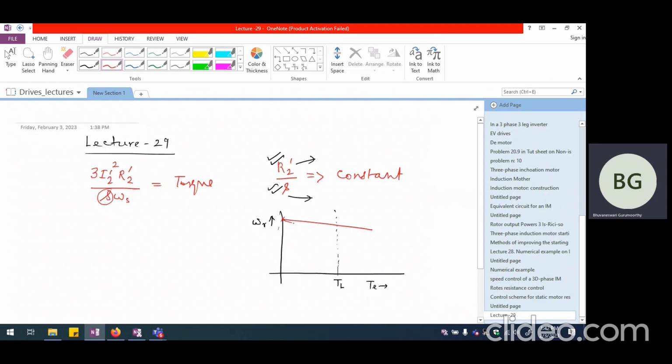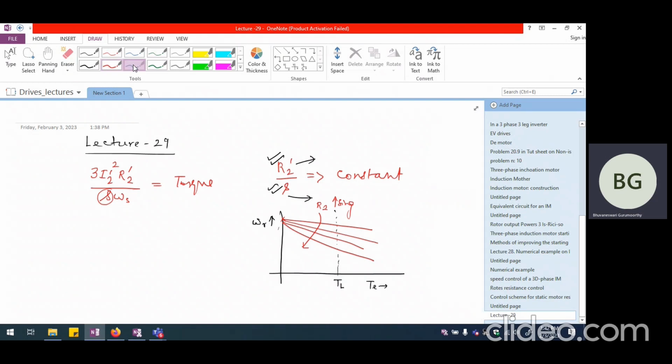If we include more and more resistance in the rotor circuit, the characteristics change somewhat like this. So this is essentially showing R2 increasing, or rotor resistance increasing.